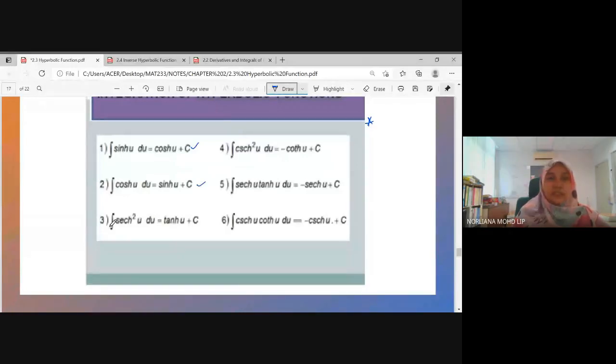Then number 3, integration for hyperbolic secant square. Number 4, integration for hyperbolic cosecant square. Number 5, integration for hyperbolic secant, hyperbolic tangent. Last one, integration for hyperbolic cosecant and hyperbolic cotangent. There are 6 of these. These are also given in the final. But you can copy these yourself if you don't want to refer to the appendix in the final.